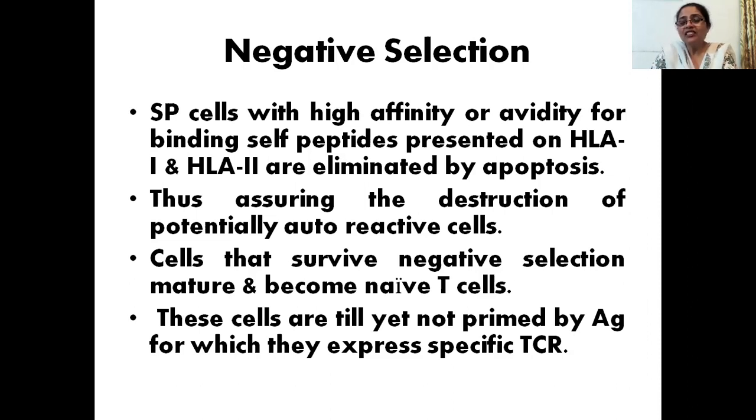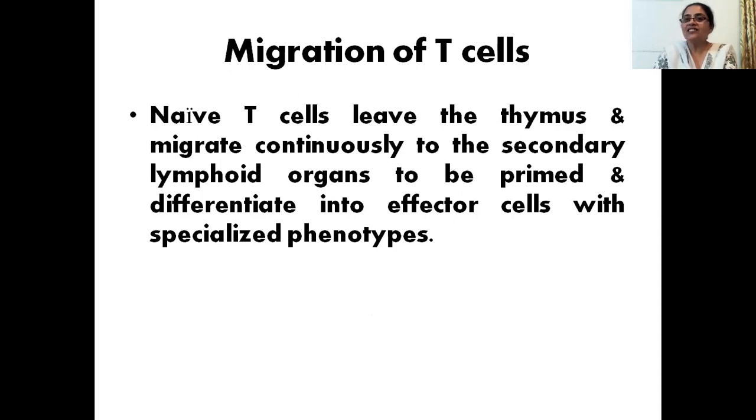They are called naive T cells because they have still not encountered any enemy. They have not come in contact with any non-self antigen. They have TCRs, but these TCRs have still not done any work.